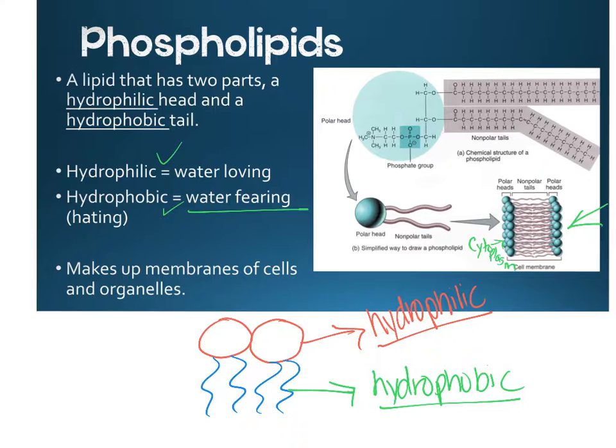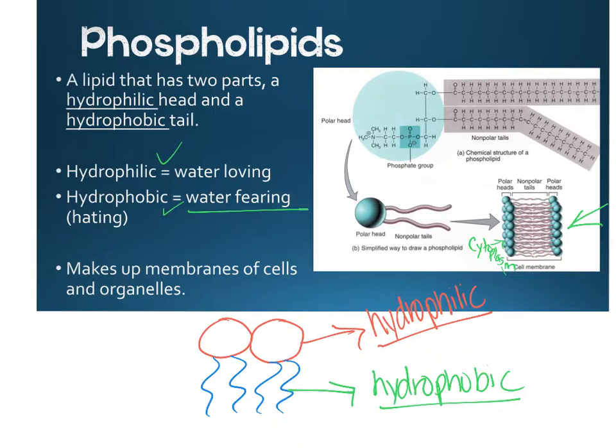Cytoplasm, again, is that jelly substance that is inside of cells that you should have learned back in middle school. That watery cytoplasm is going to be right up against the heads of these phospholipids. And if the heads didn't like water, that would be really bad for them. But lucky for the cell, the heads of the phospholipid are water loving. So they're going to line up next to that cytoplasm.